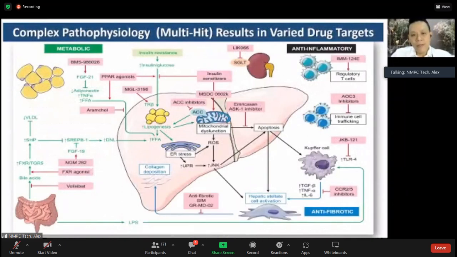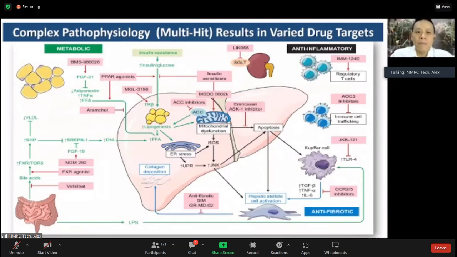Okay, so this next slide, I'm not going to ask you to read through everything here, but this is just to show you that the previous hypothesis for the pathophysiology of fatty liver disease was the two-hit hypothesis, meaning first hit you have steatosis, second hit you have oxidation damage.